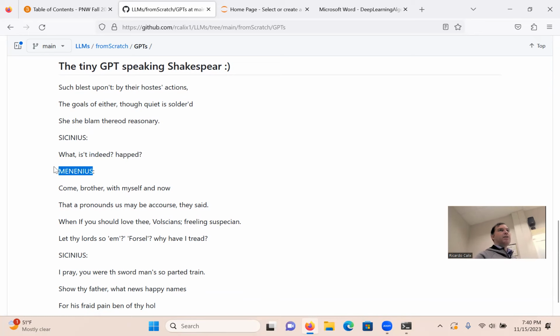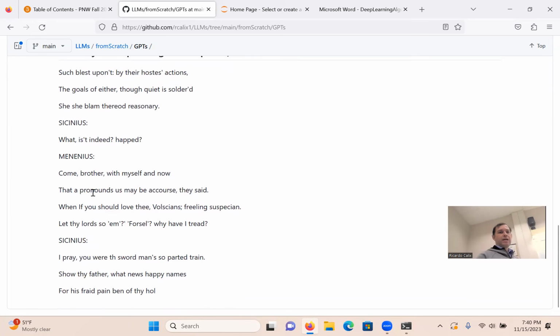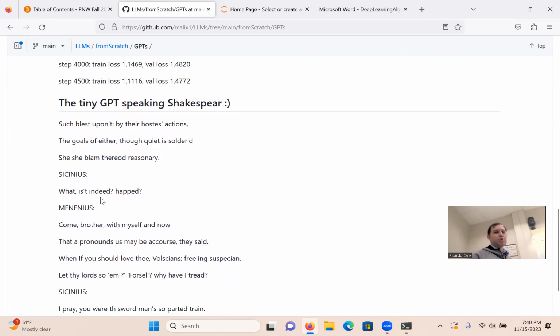And then it creates another speaker and they speak, and some speak more than others. You see that? So Sicinius, I don't know if it's making that up or if they exist in the text. Menenius. All right. And then it speaks. So it says, "such blessed upon by their hostess actions." Sounds very Shakespeare to me. I mean, it's crazy stuff though, right?